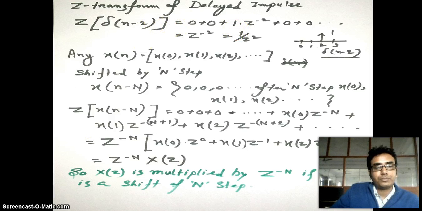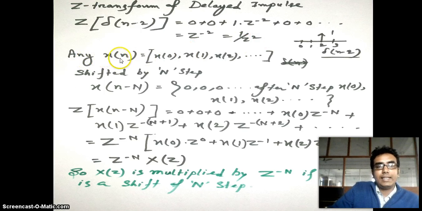So the Z transform of delta of n minus 2 will be 1 by z square. How? Because x[0] is 0, x[1] is also 0, and x[2] is 1 into z to the power minus 2, so it will become 1 by z square.